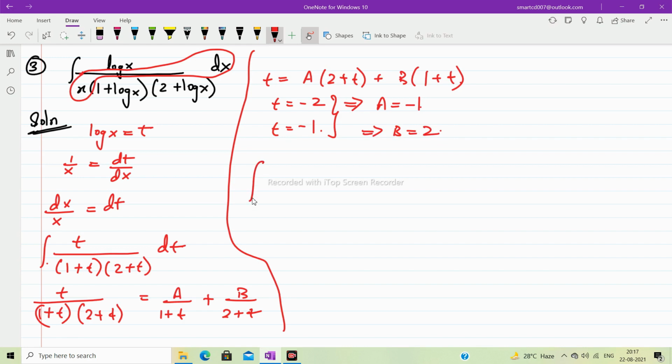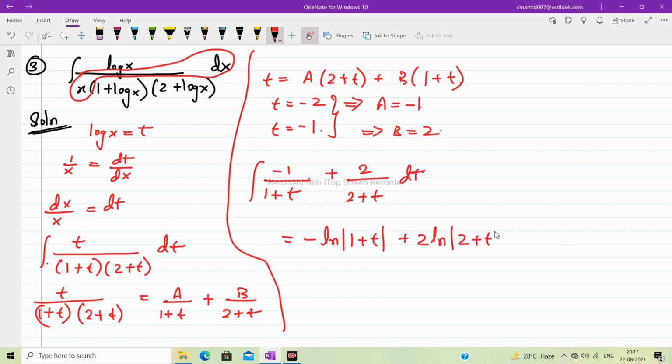Then you can just integrate. So the integration will have a upon, that is minus 1 upon 1 plus t, plus b upon, that is 2 upon 2 plus t, dt. Now the answer is minus ln |1 plus t| plus 2 ln |2 plus t| plus c.